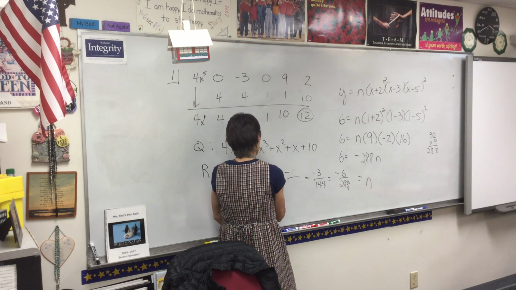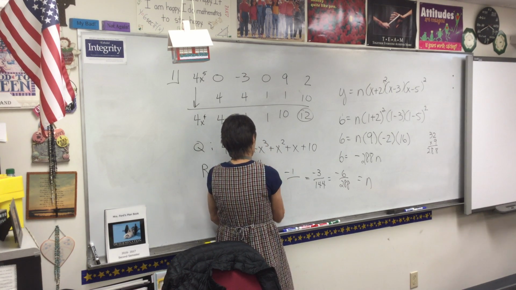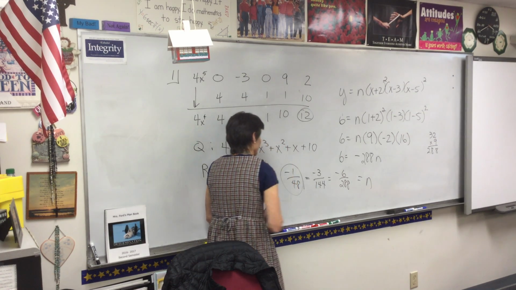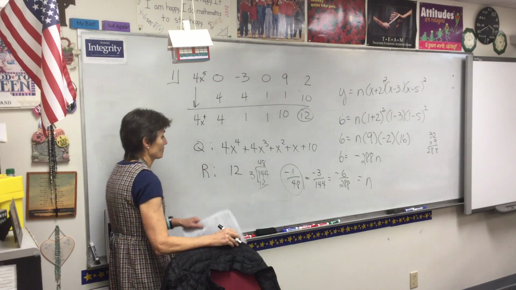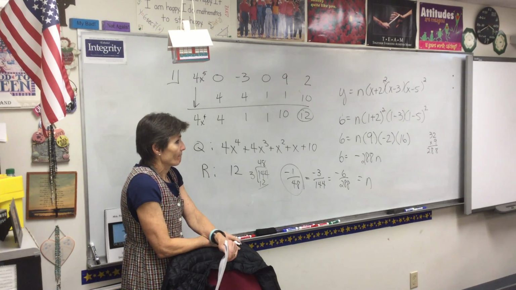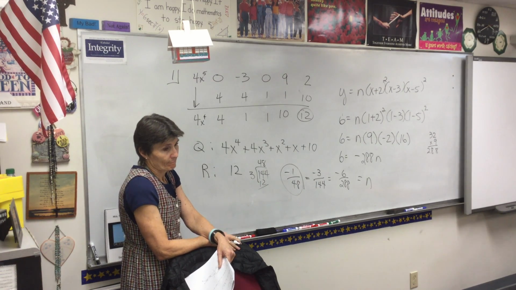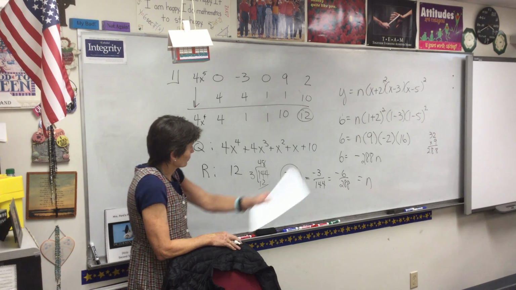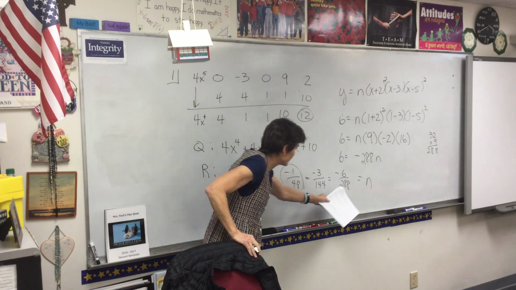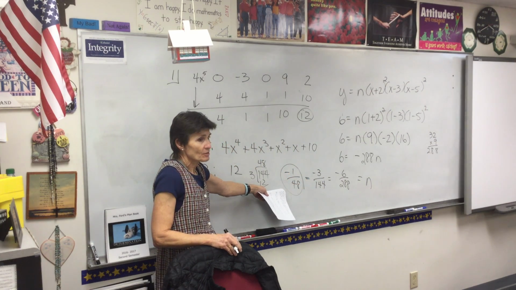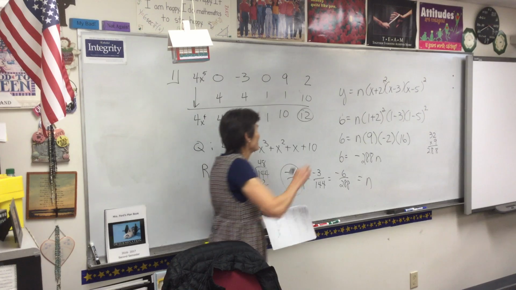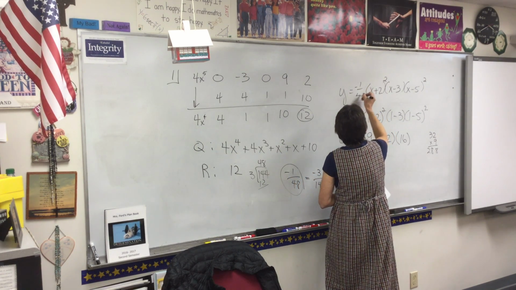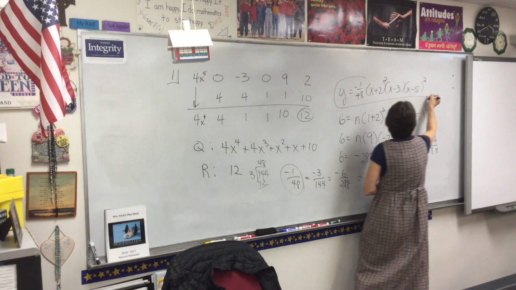And 3 goes into that 48 times. Oh, just did a ton of work. Look at all that I just did. Is that the answer though? No. That's got to come right back up here. And this is the answer.